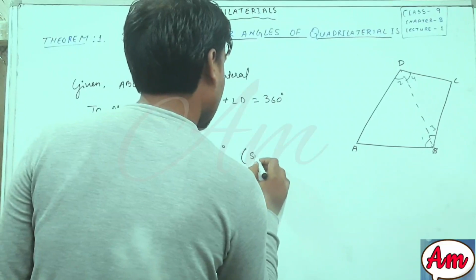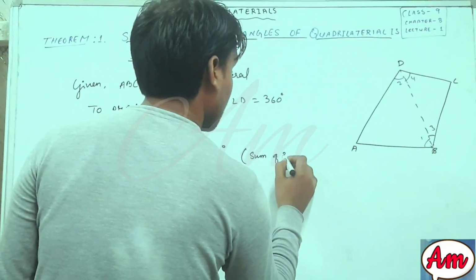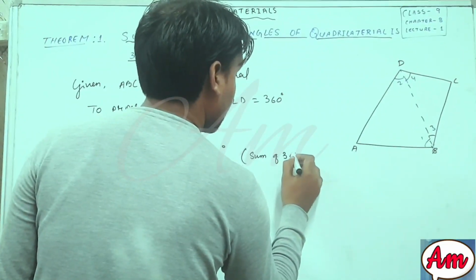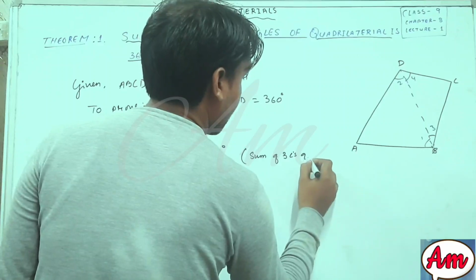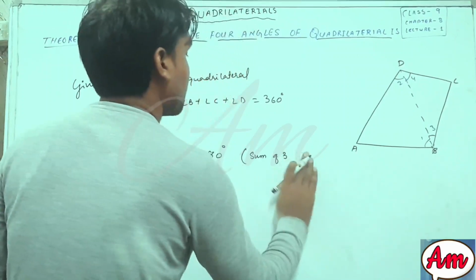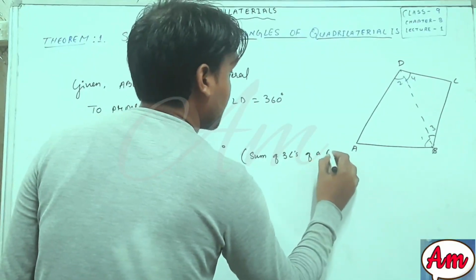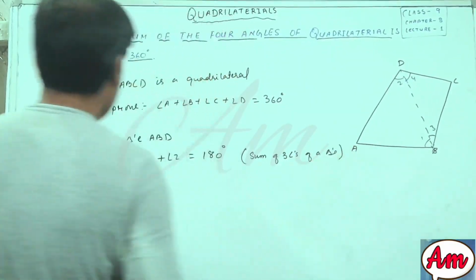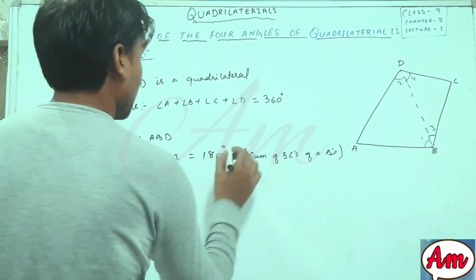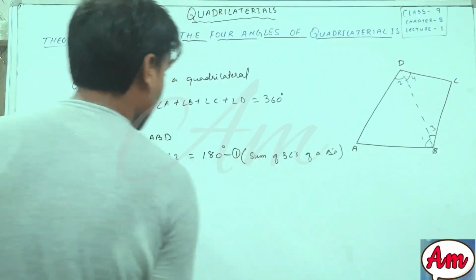Sum of the three angles of a triangle. So this one I will mark as equation number 1.